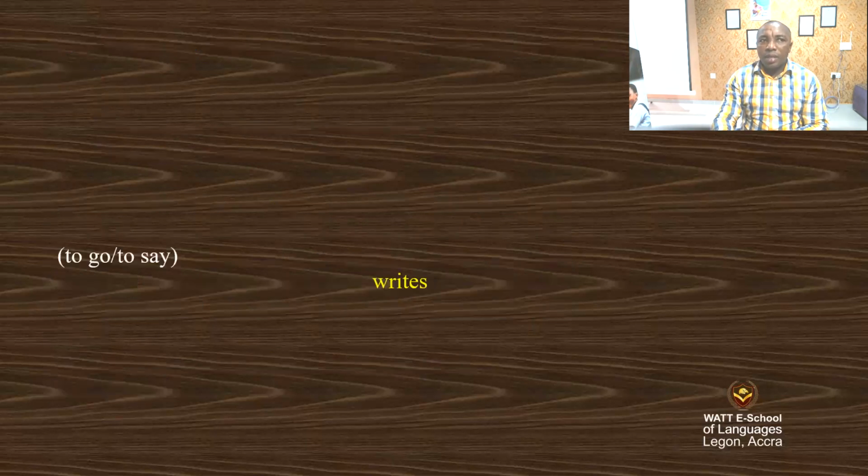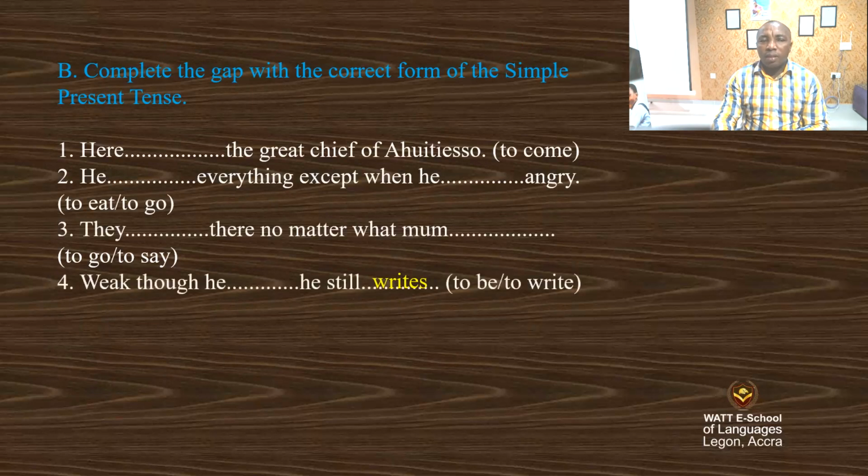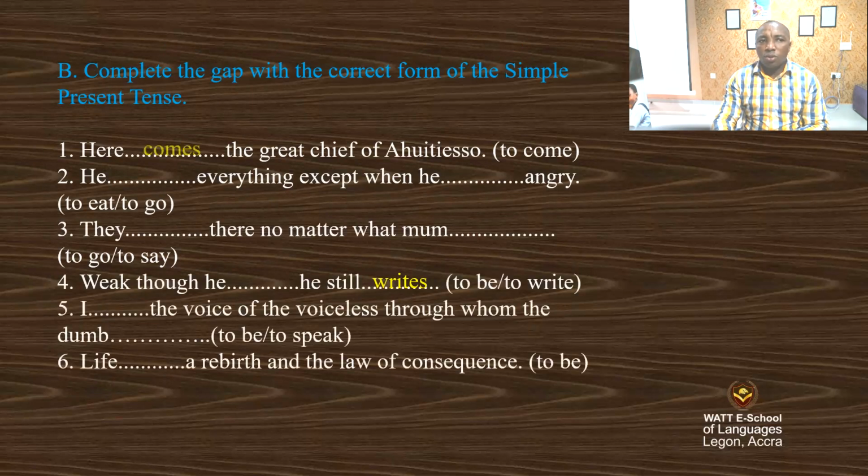Now, activity B. We have these sentences here. So we say that, here comes the great chief of Ahitesu. He eats everything except when he gets angry. They go there no matter what mommy says.